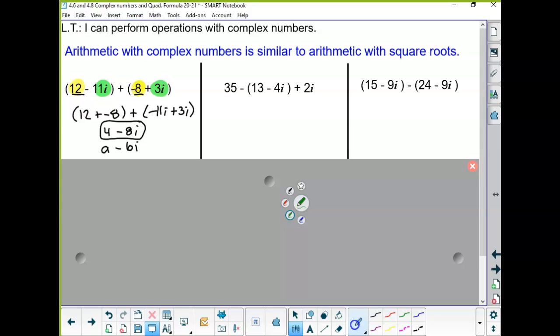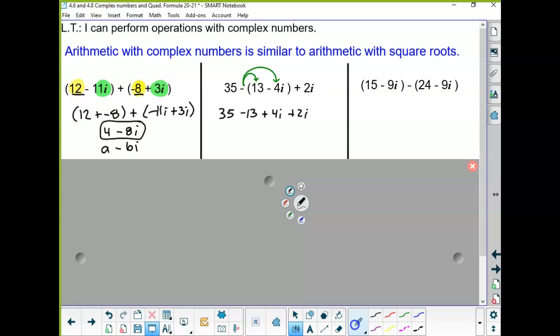They forget about negatives. I have 35 minus this entire complex number. The first thing you're going to do is distribute that negative. So I'll really think of this as 35 minus 13, and then the negative 4i turns into a positive 4i.